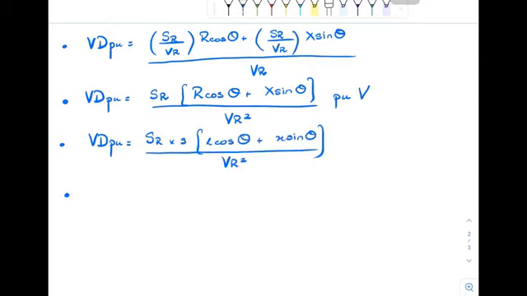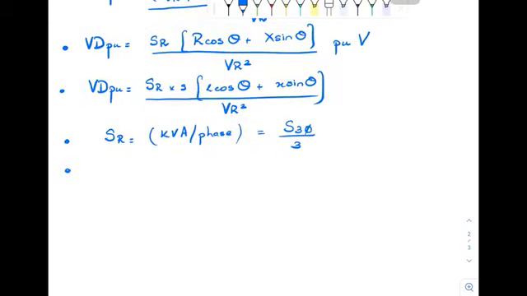So now I can represent this per phase power in terms of 3-phase power. So this is the apparent power, that is kVA per phase. This can also be written like this, that is 3-phase power divided by 3. And we can further write it like this.